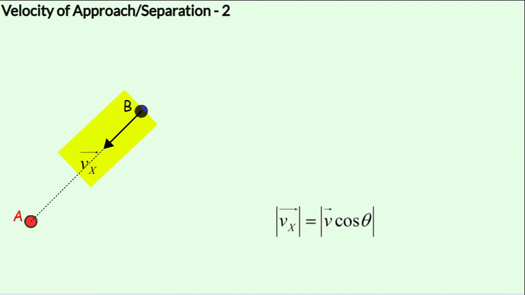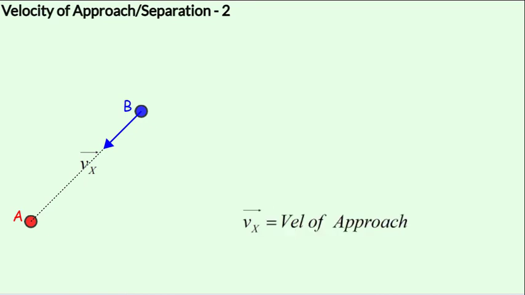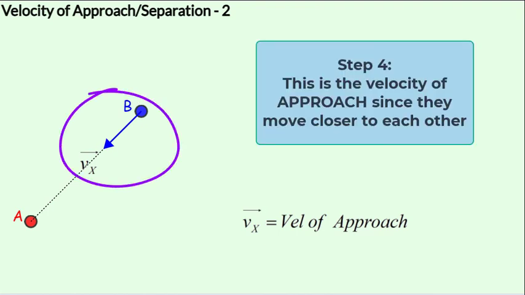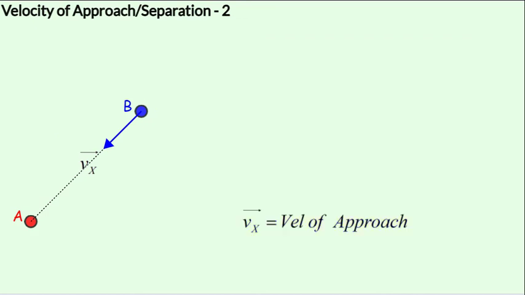The magnitude of Vx is v cos theta and its direction is along the line joining A and B, pointing towards A. In the previous example, if you remember, it was pointing away from A. Since this vector direction indicates that A and B would move closer together, we call this velocity the velocity of approach. In the previous example, we called it the velocity of separation since they were moving apart.